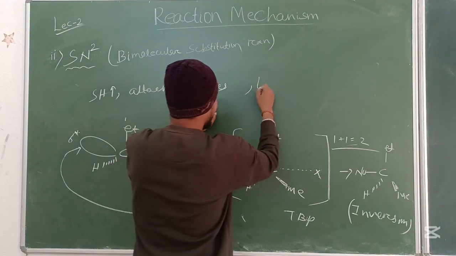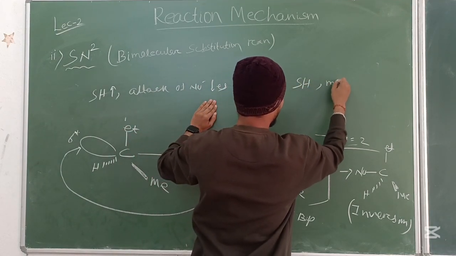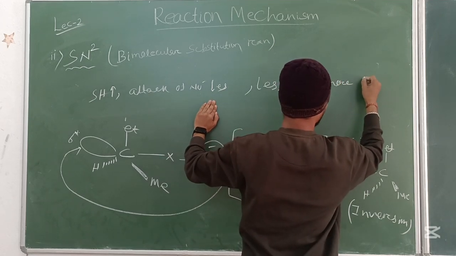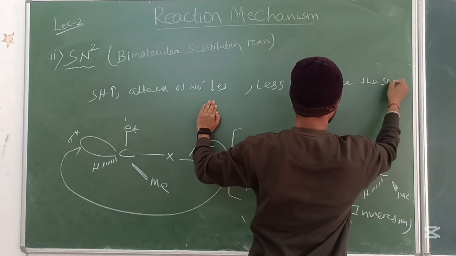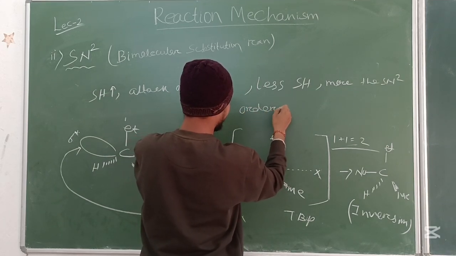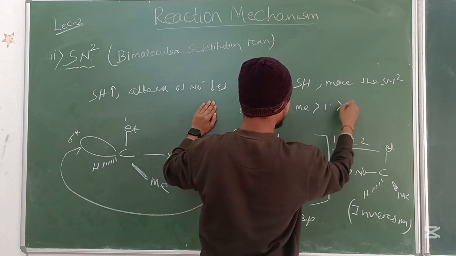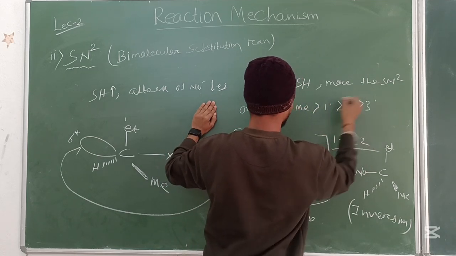That means the less the steric hindrance, the more the SN2 reaction. So the substrate order will be methyl, then 1 degree, then 2 degree, then 3 degree.